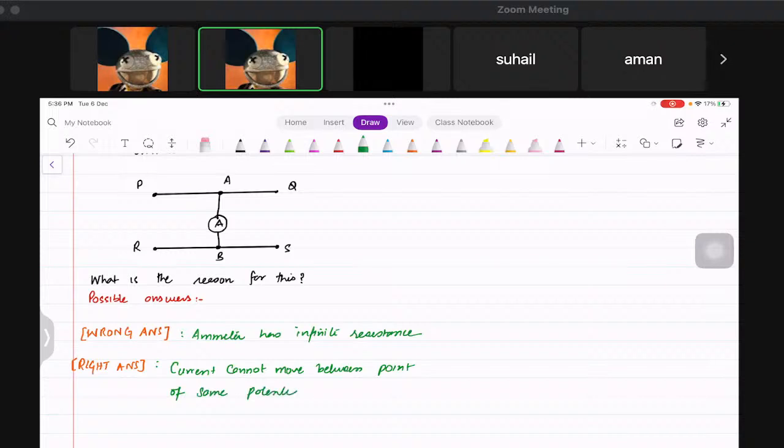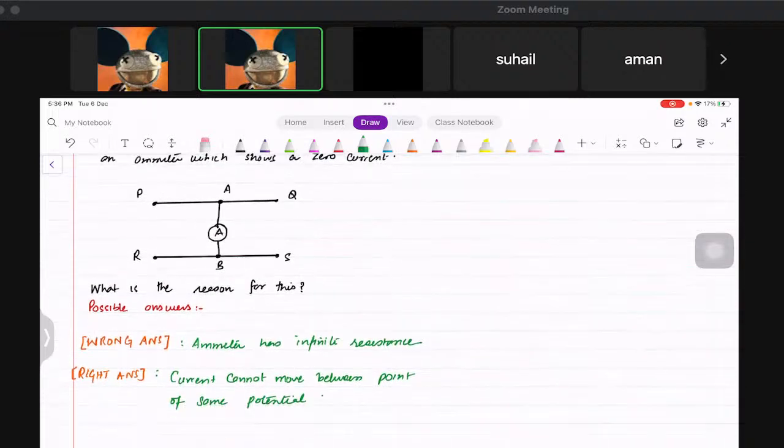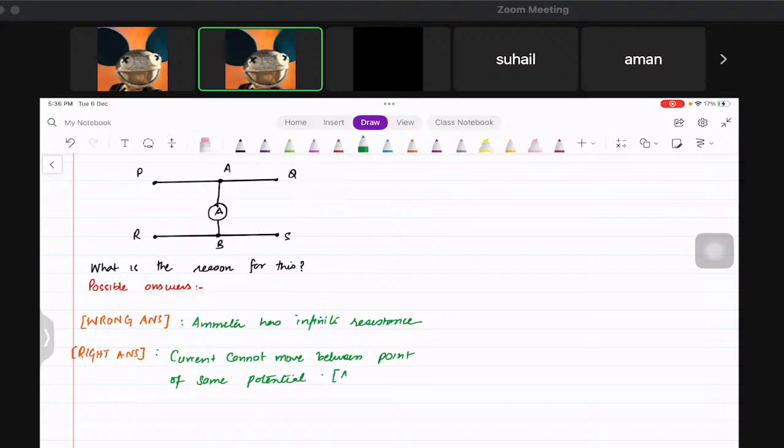So current cannot do that. You need to remember that. This means that A and B have no potential difference between them. It has to be zero. That's why current would not go. Is that clear, everyone?